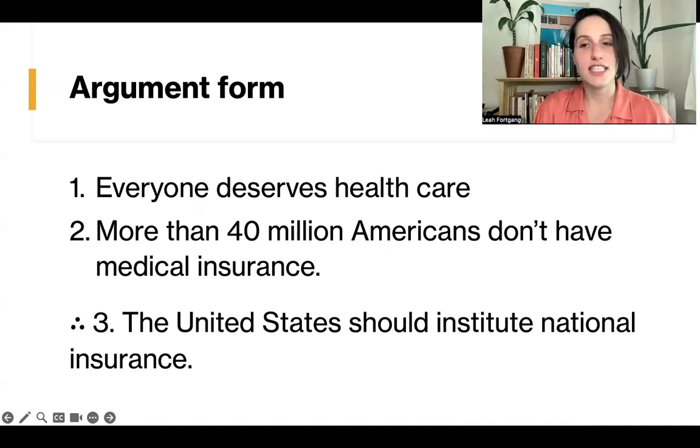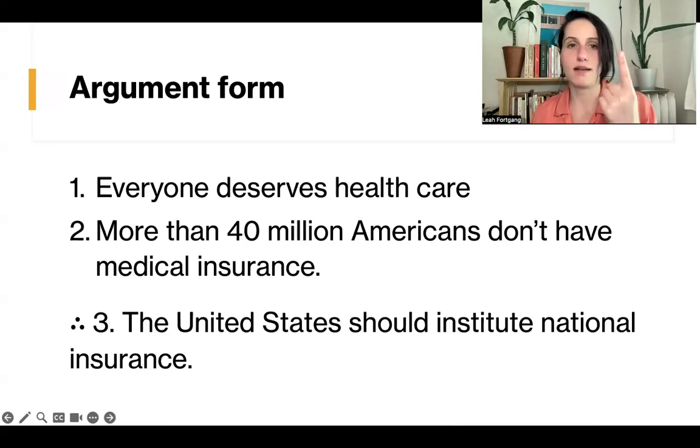Like I said a second ago, the conclusion of that argument concerning universal health care is that the United States government should institute it. And the reasons that the person gives for supporting that conclusion are that everyone deserves healthcare and that over 40 million people in the US don't have it. The way that we break down the argument is using the form that you see here.